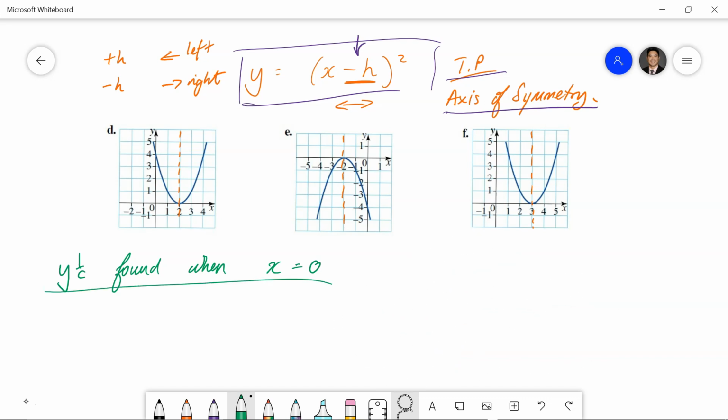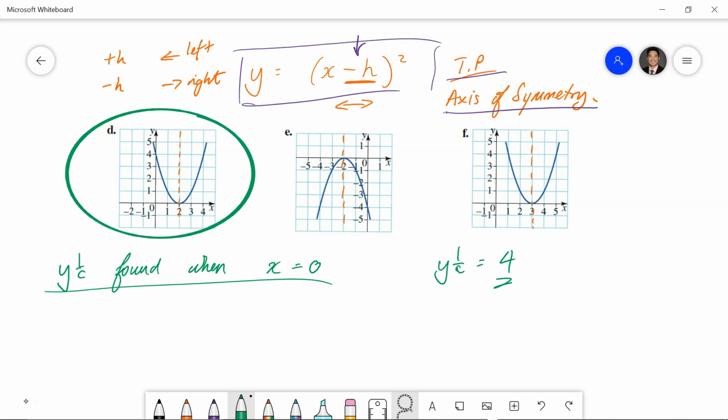Okay, so that's the first rule of thumb. Just recap into linear equations or linear graphs, and we're going to apply that into the same thing here. So, for example, with this graph, we can see that we have a y-intercept of 4. And if we have the equation of y is equal to (x minus h) all squared, we can see that it's moved 2 units to the right.